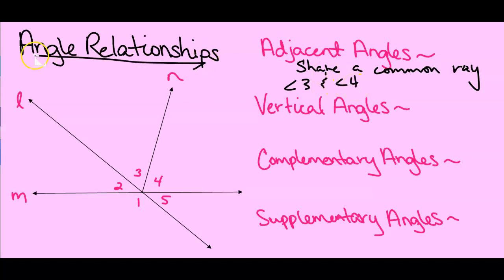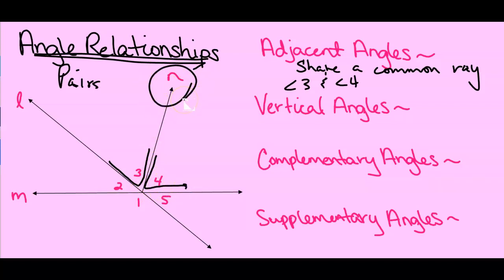Again, these are angle relationship pairs, so we're looking at 2 or more angles when we're talking about an angle relationship. If you notice, angle 3 and angle 4 share the common ray N, which makes them adjacent angles. There are many more adjacent angles in this diagram, but we're just going to do one quick example of each.